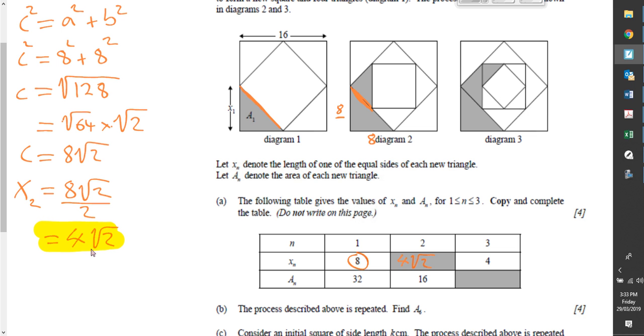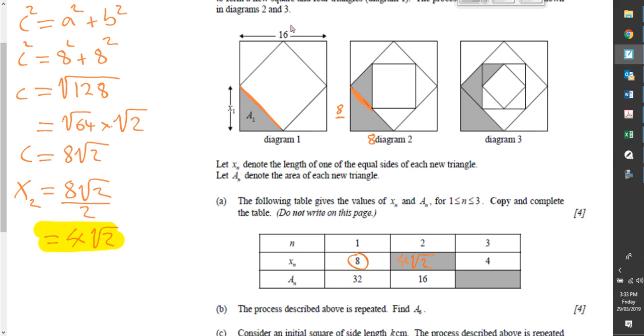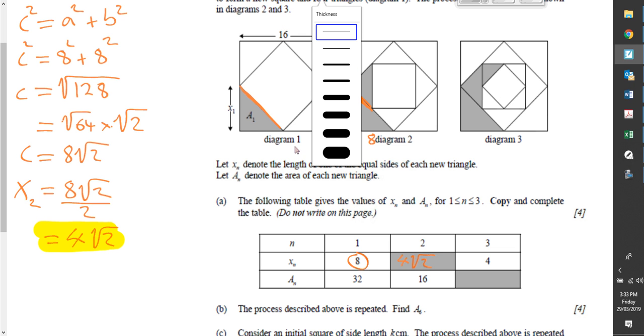And we finally got this one here. Now let's have a look at the second half of part A, and we'll use blue flavor. All right, so for the second half of part A, we need to fill in this third one here. Okay, so we're talking about this diagram here, and we're talking about the area of that triangle.